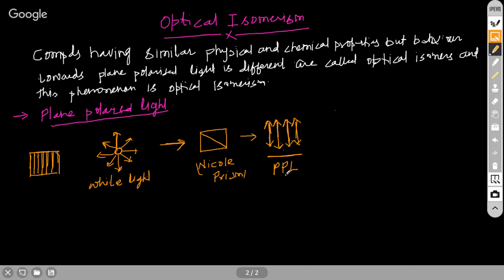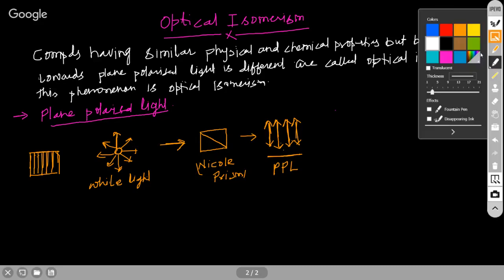Okay. Now what we have to do here: the organic compound whose behavior you have to understand, whether it is optically active or not. Now this plane polarized light, we allow this light to pass through the organic compound, whatever organic compound we have.